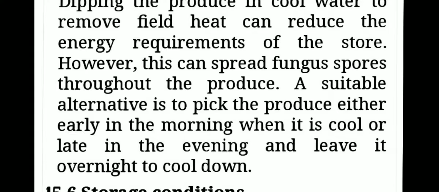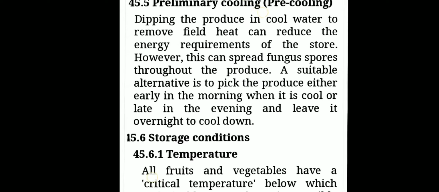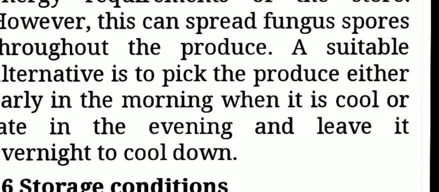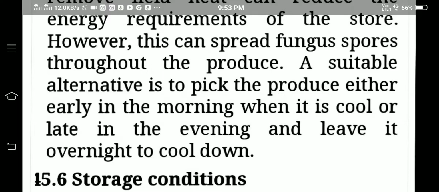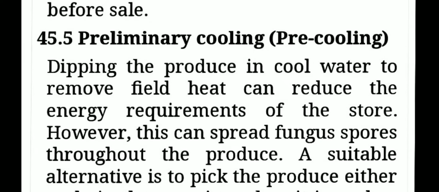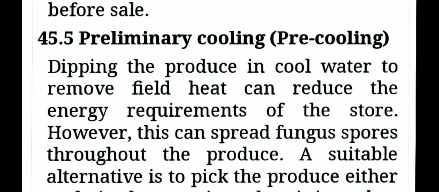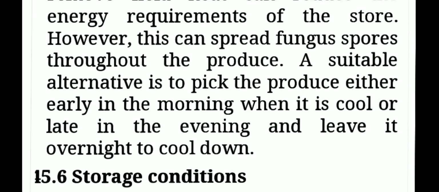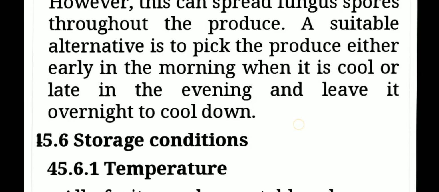If the variety of fruit or vegetable doesn't allow cool water dipping, then leaving it overnight to cool down to reduce the heat load is the option. So in two ways we can do the pre-cooling: dipping the produce in cool water, or leaving it overnight to cool down.